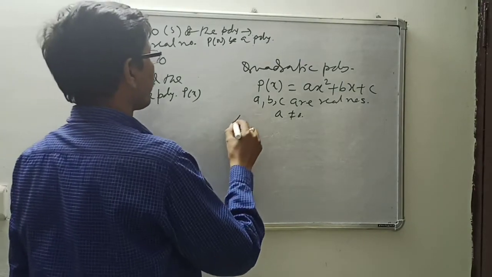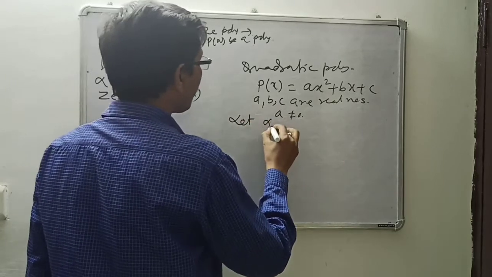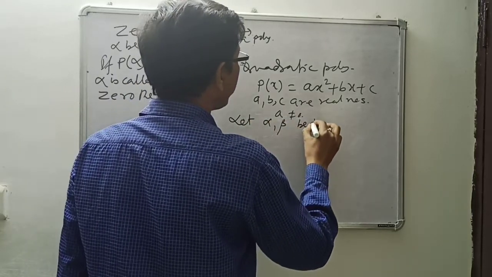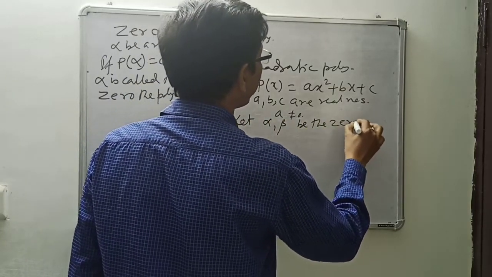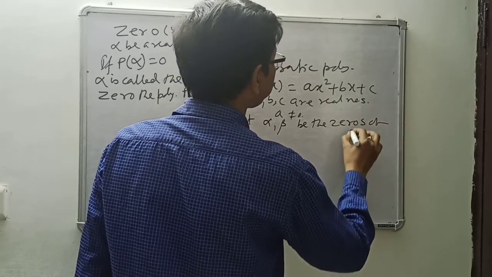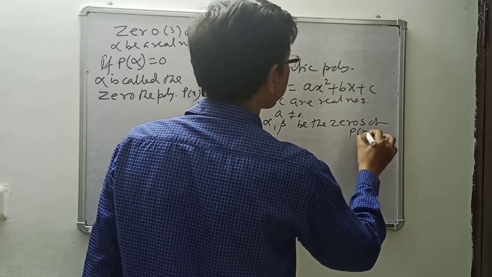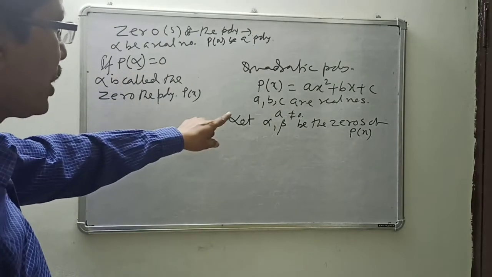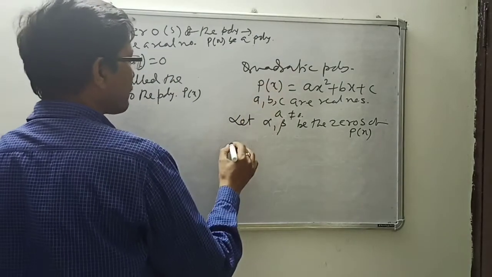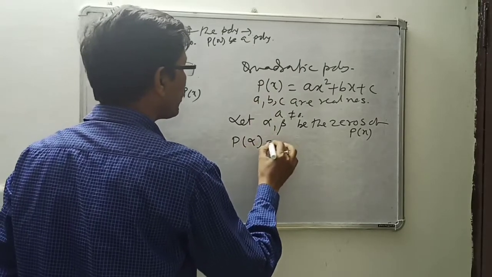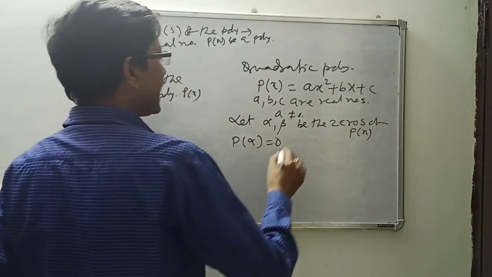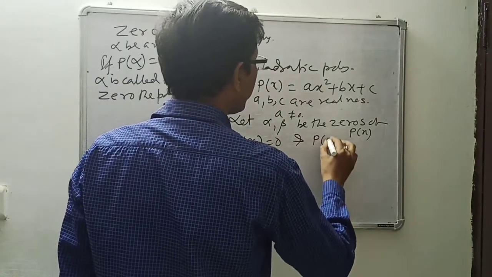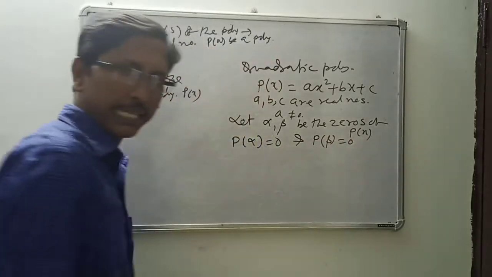So let alpha, beta be the zeros of the polynomial p(x). Since alpha is a zero, alpha if put in, will give 0. So p(alpha) equals 0 as well as p(beta) equals 0.